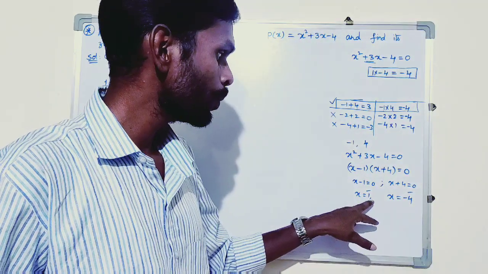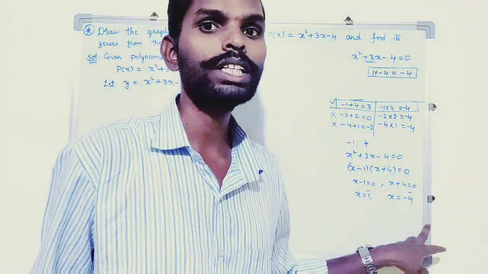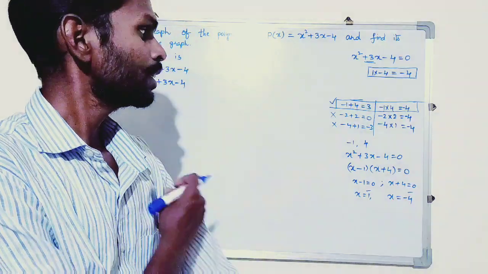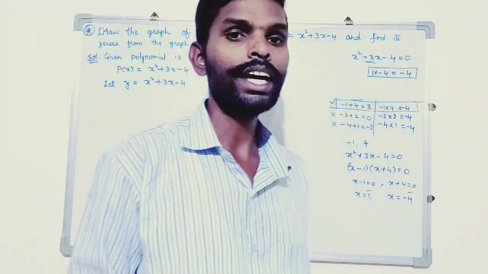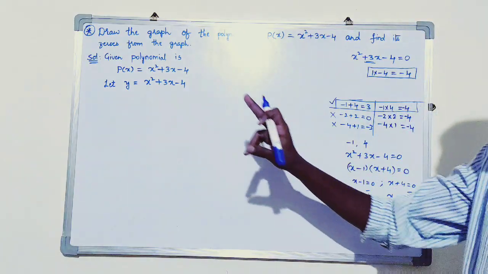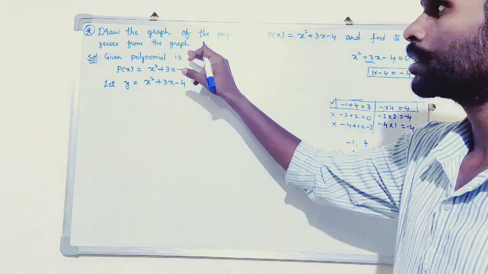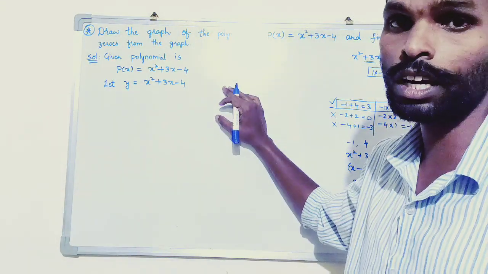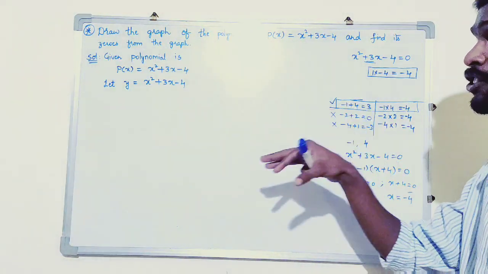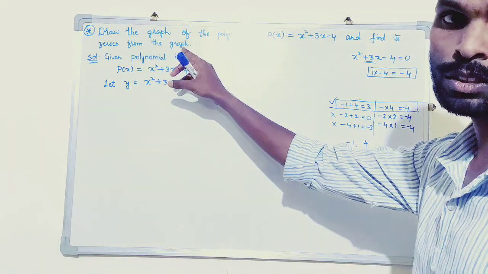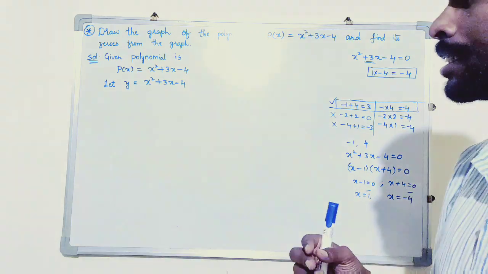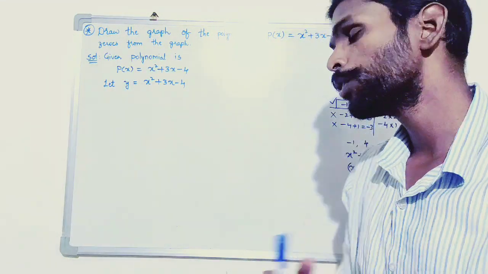So you have one positive number and one negative number, that is 1 and minus 4. For getting an idea of what numbers you need to consider, you are doing this method here. But whenever the question asks to find the zeros from the graph, you should not do this method in the examination. If it mentions, after finding the zeros, verify your result, then you can do it. If it asks simply to draw the graph of the polynomial, there is no need to do this.